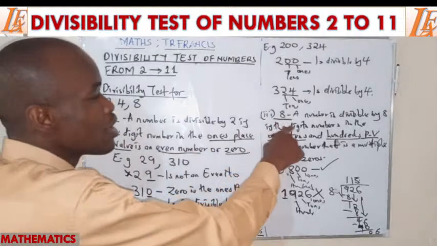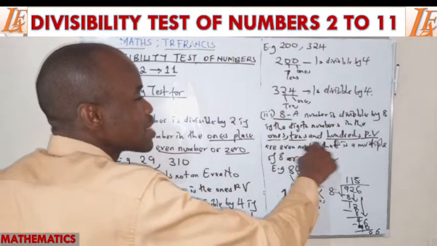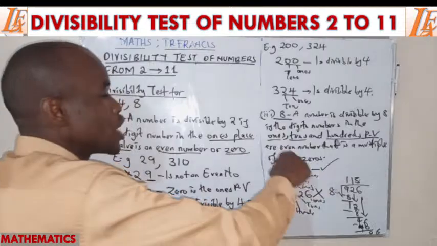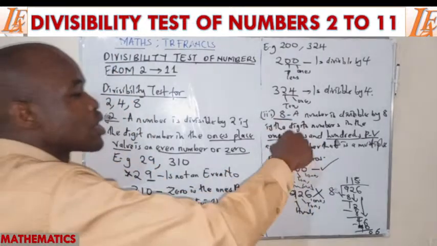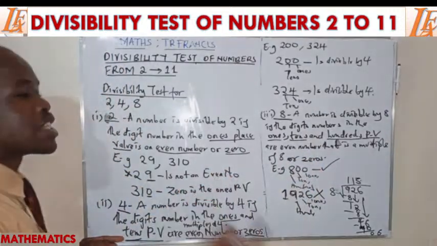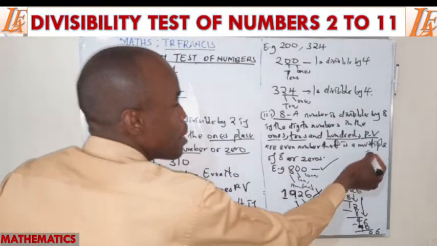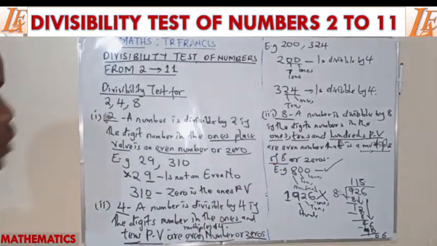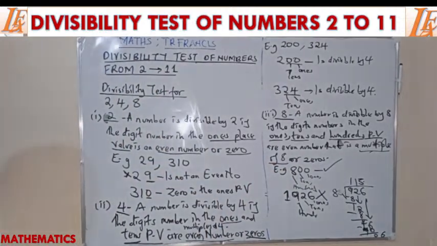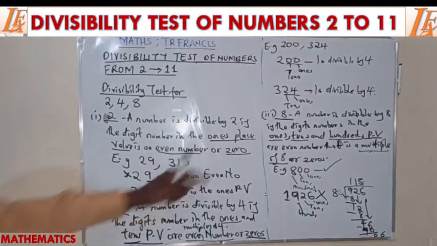Then for 8, we look at the ones, tens, and hundreds place values. We check if that number is a multiple of 8, or 0. So that is the divisibility test for 2, 4, and 8.